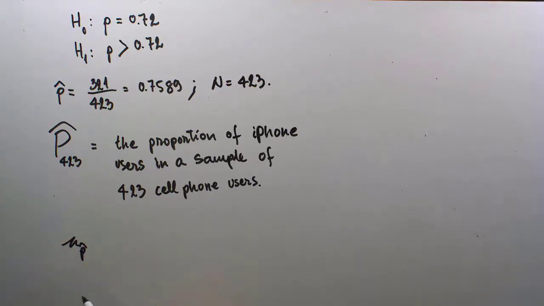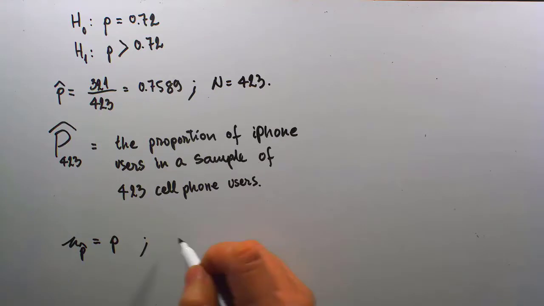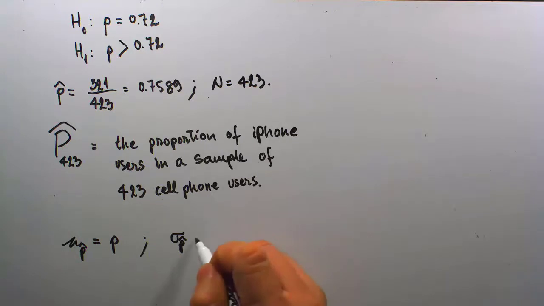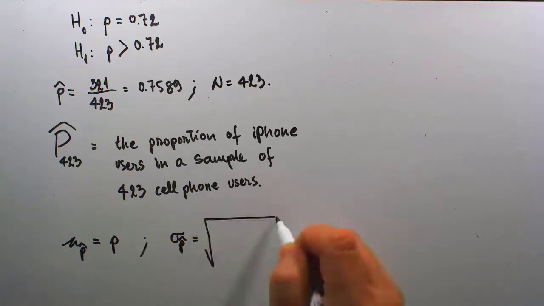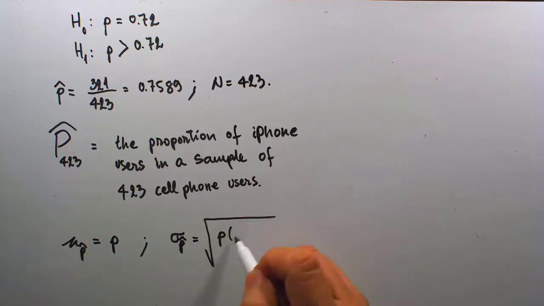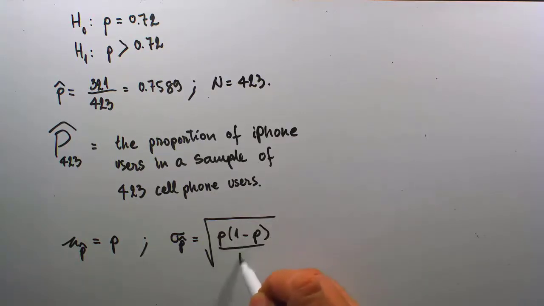The central limit theorem guarantees that this mu P hat always equals P. And further, the central limit theorem states that the standard deviation of all sample proportion values can be found by the known P multiplied by 1 minus P divided by the sample size n, with that expression inside the square root. So these two results are guaranteed by the central limit theorem.